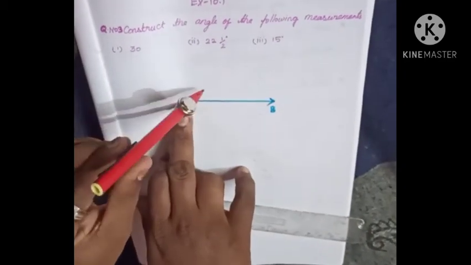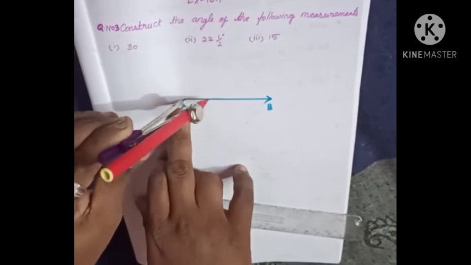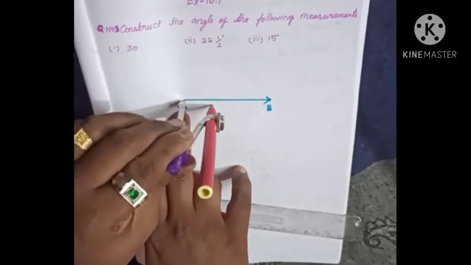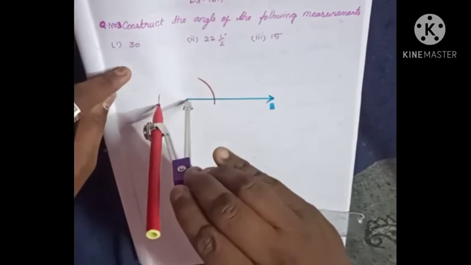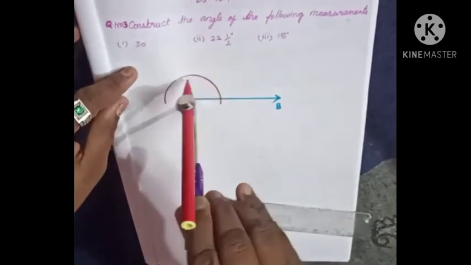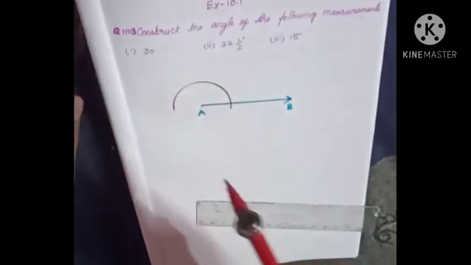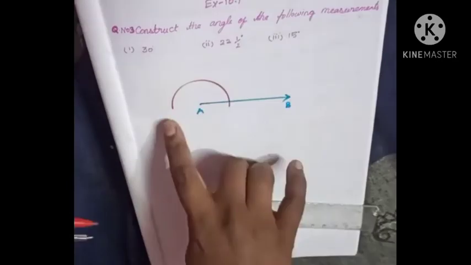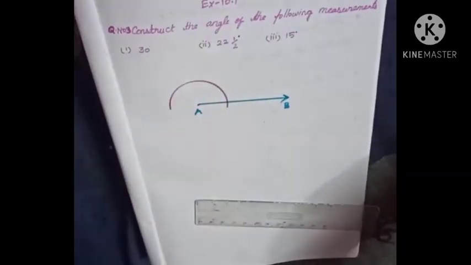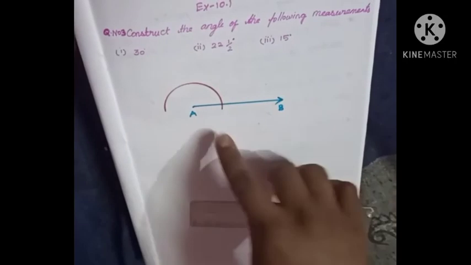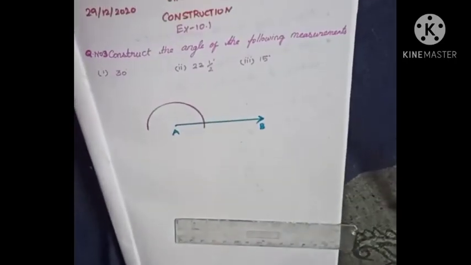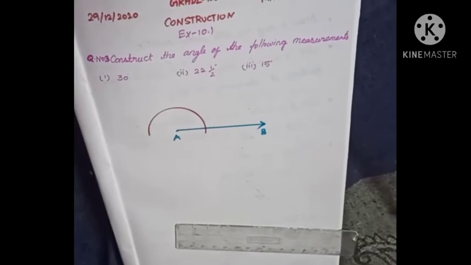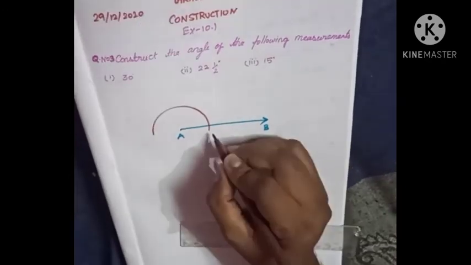You keep this compass needle here and draw a big arc like this. Already I told you this is the basic arc. It cuts AB at a point. I will take that cutting point as X.